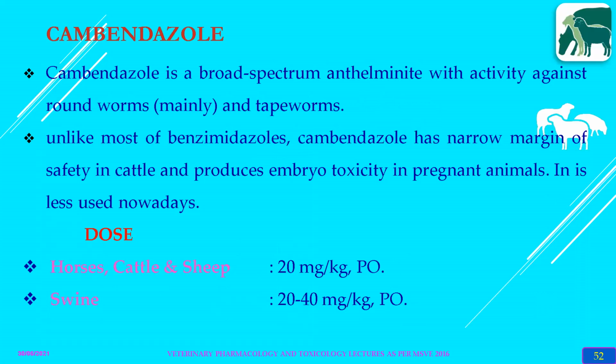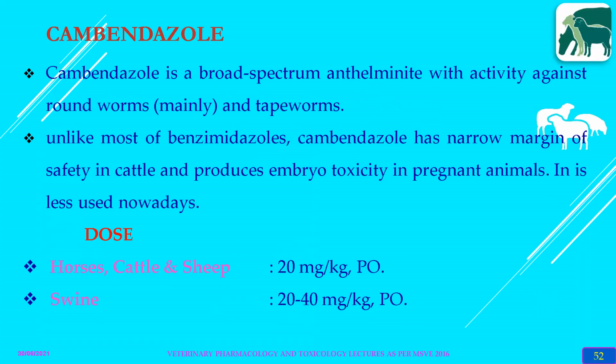Then cambendazole is a broad spectrum anthelmintic with activity against roundworms mainly, but it is also effective against some tapeworms. Unlike most of the bendazoles, cambendazole has a narrow margin of safety, and it produces embryotoxicity in pregnant animals, hence it should not be administered.